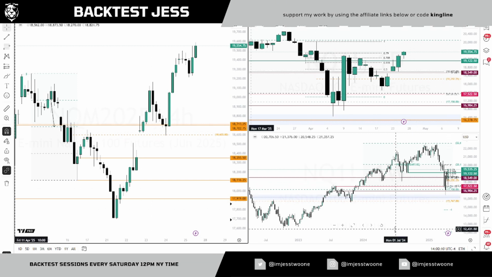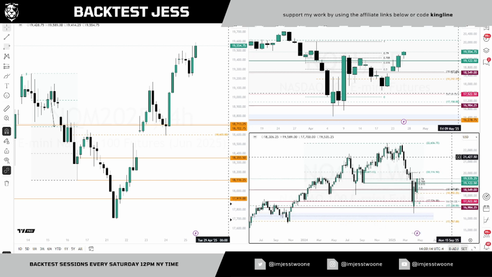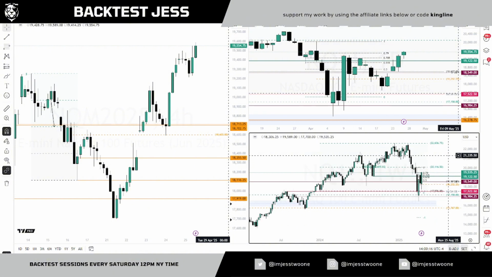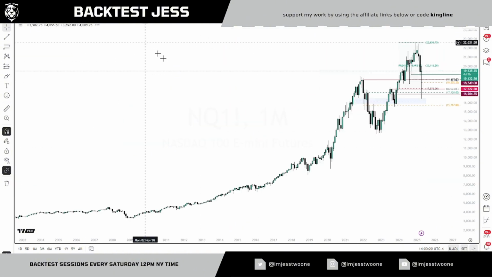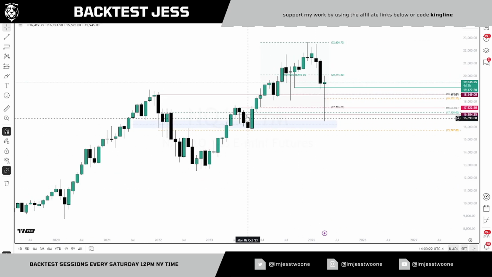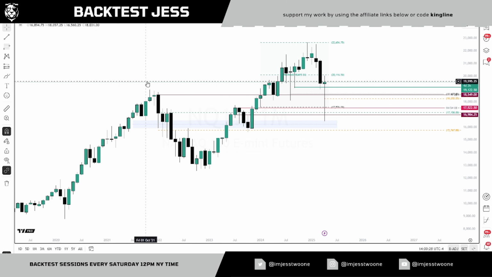So again, if you guys had not attended our sessions with Adrian and I, when we were calling all this out, we called out this price action a long time ago. So this here is the zone, right? Using that picture that I showed you guys earlier. This is the zone that we were intending to return to.